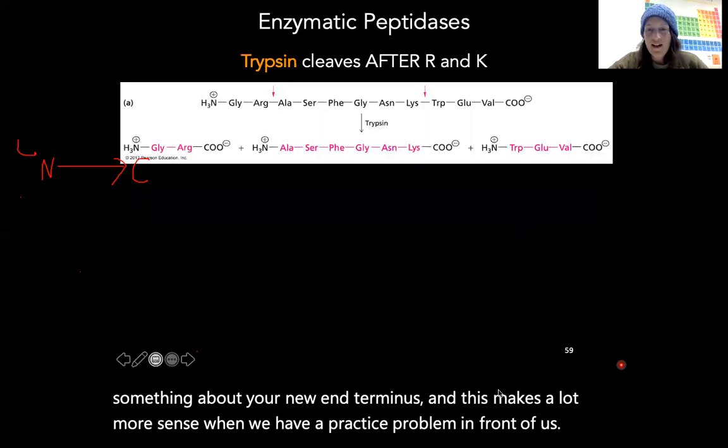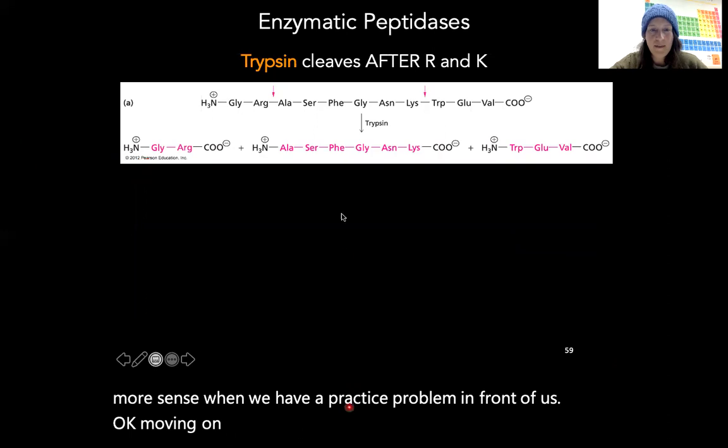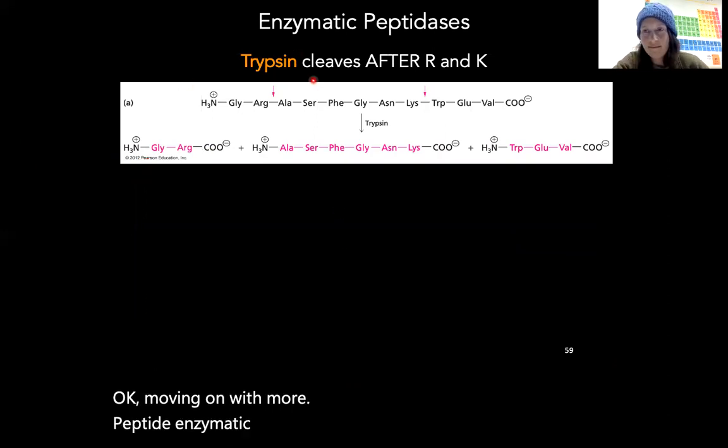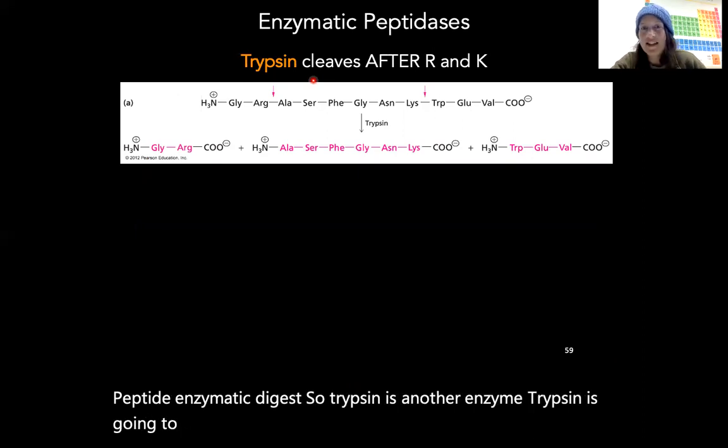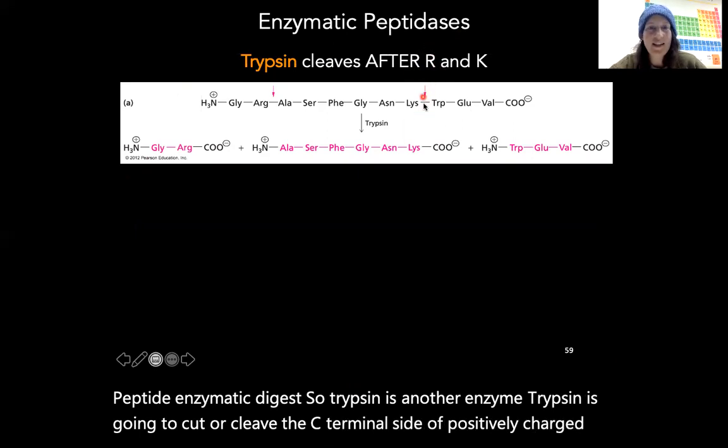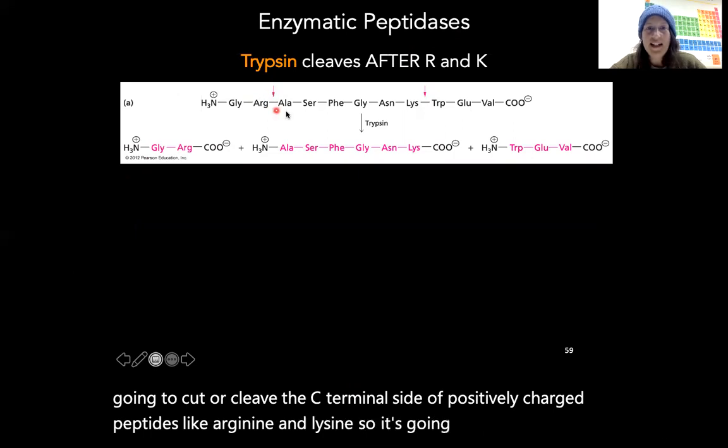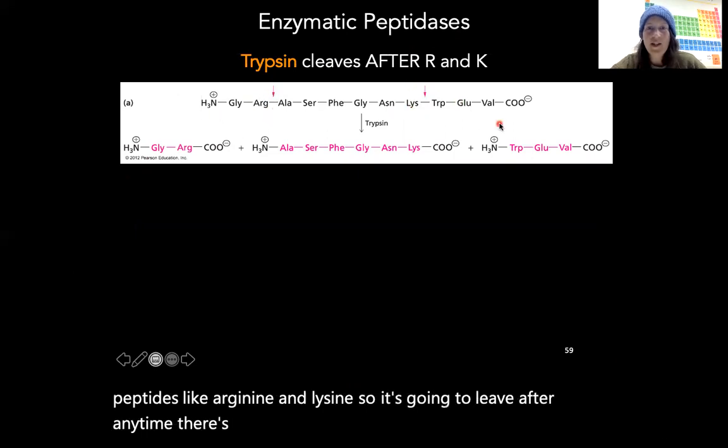Okay, moving on with more peptide enzymatic digest. Trypsin is another enzyme, and trypsin is going to cleave the C-terminal side of positively charged residues like arginine and lysine. So it's going to cleave anytime there's an arginine or a lysine in your peptide chain.